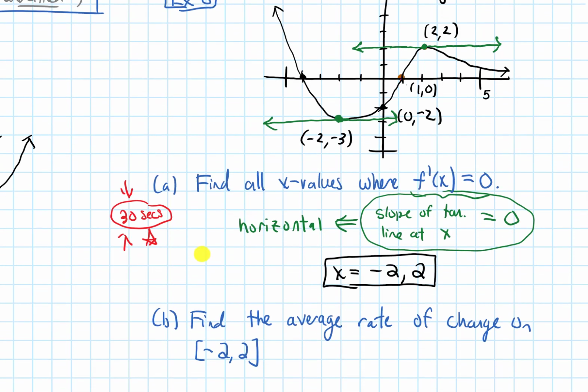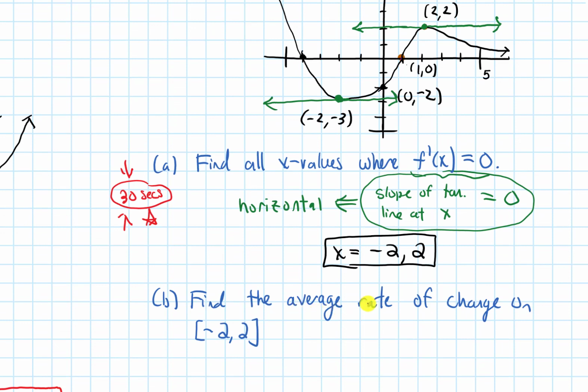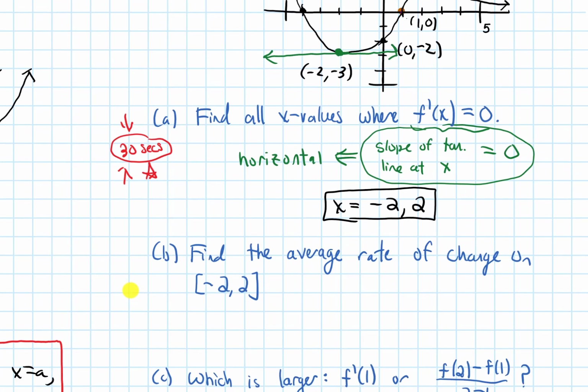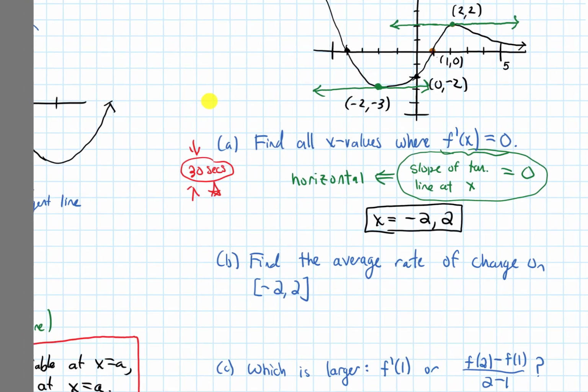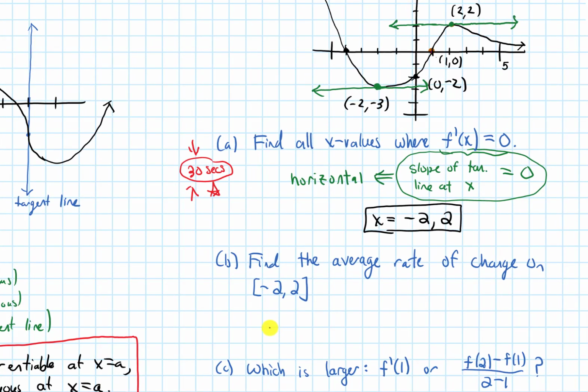All right, we're on to part B, which says let's find the average rate of change on the interval from negative 2 to 2. So recall our formula for average rate of change. I will abbreviate and write AROC for average rate of change. This is just the change in y over the change in x. So the y values at these 2 points are going to be f of 2 and f of negative 2.